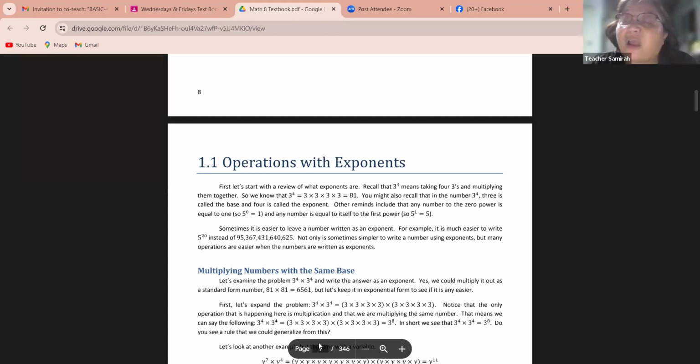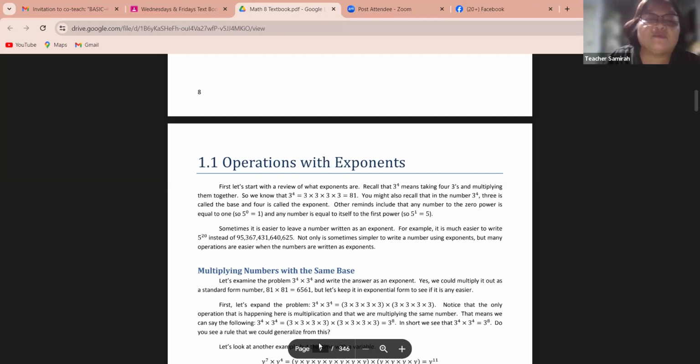So we simply multiply the base, which is the 3, by itself 4 times. You are simply going to use the base only, and the exponent will tell us how many times we multiply the base by itself: 4 times. According to this rule, any number to the 0 power is equal to 1. So any number, any variable to the power of 0 will always be equal to 1.